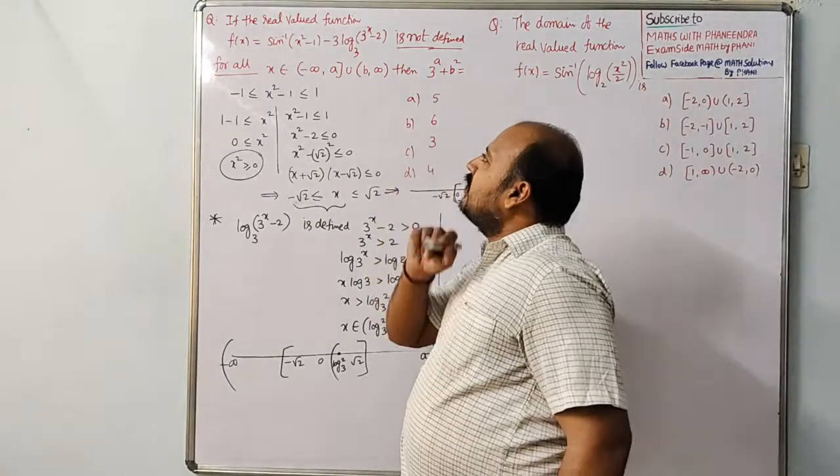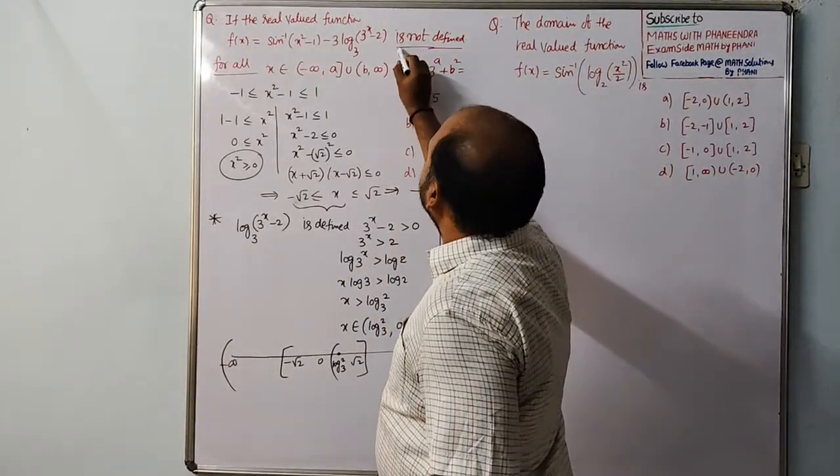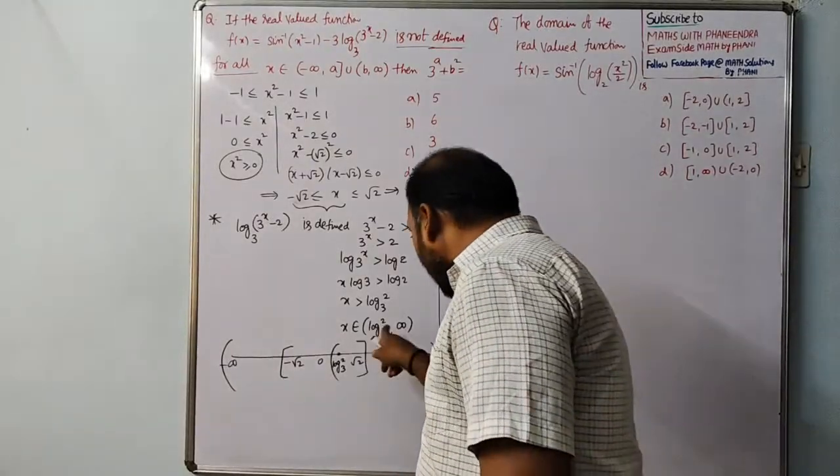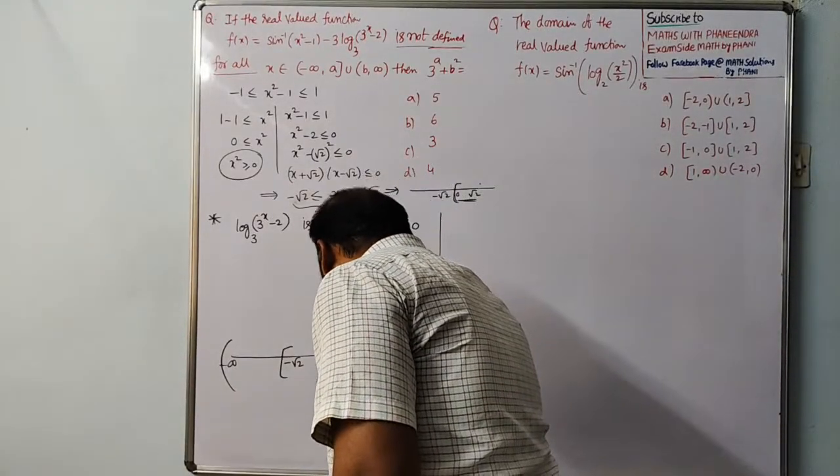One important thing we forgot, dear students. What is that? This is defined for all, defined for this, which means not defined for what?